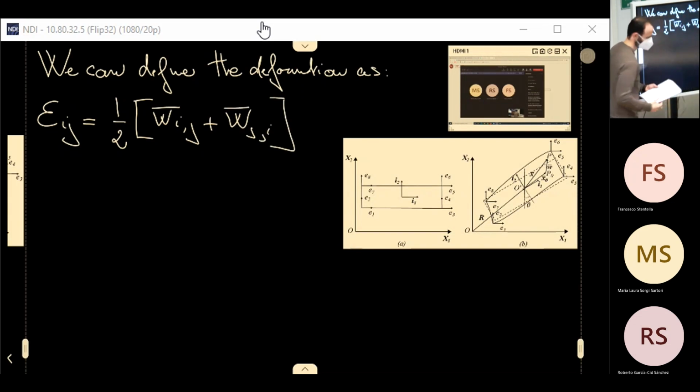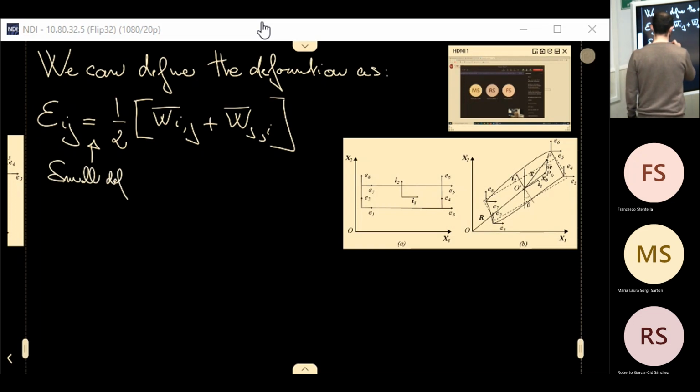So again, this is linear elasticity, actually small deformation. This is the small deformation hypothesis, because here I would also have a nonlinear term in the deformation typically that we miss. So this is the linear Green-Lagrange deformation tensor.